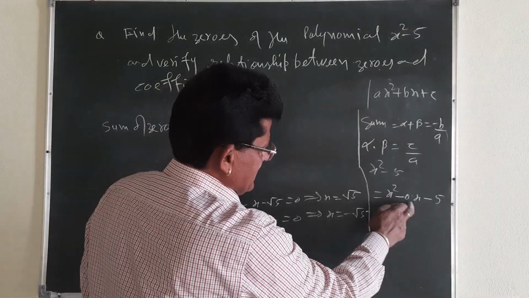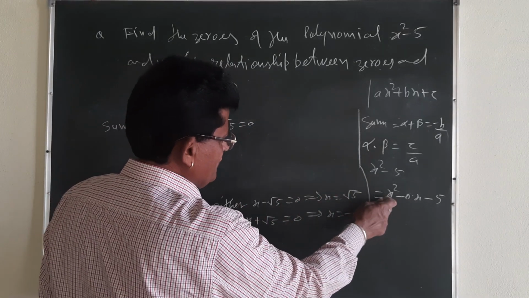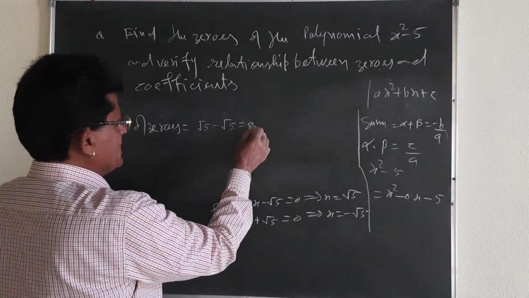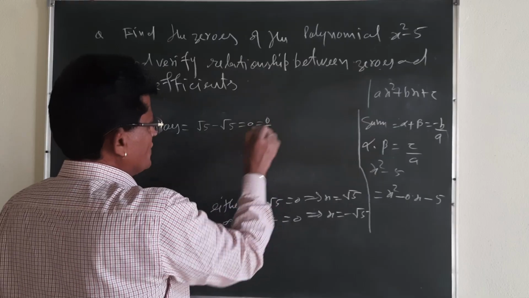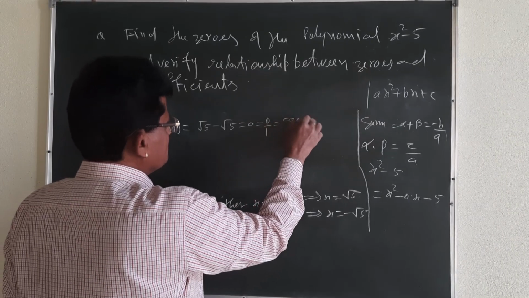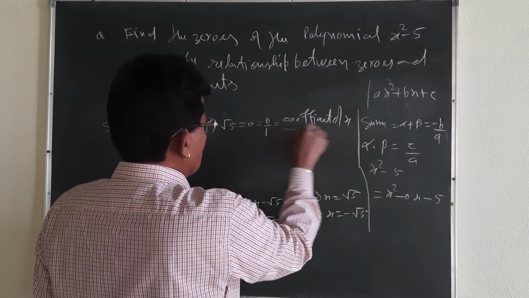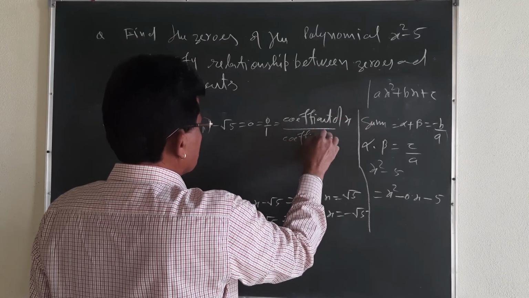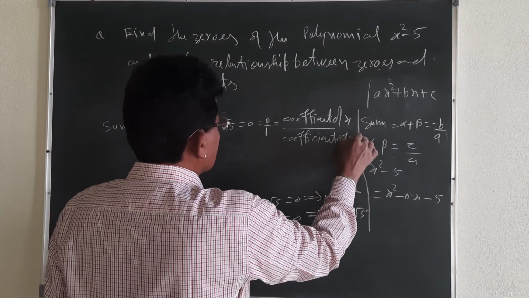Coefficient of x is 0, and coefficient of x square is 1. That is why I have taken it like that. 0 upon 1, you can do: coefficient of x upon coefficient of x square.